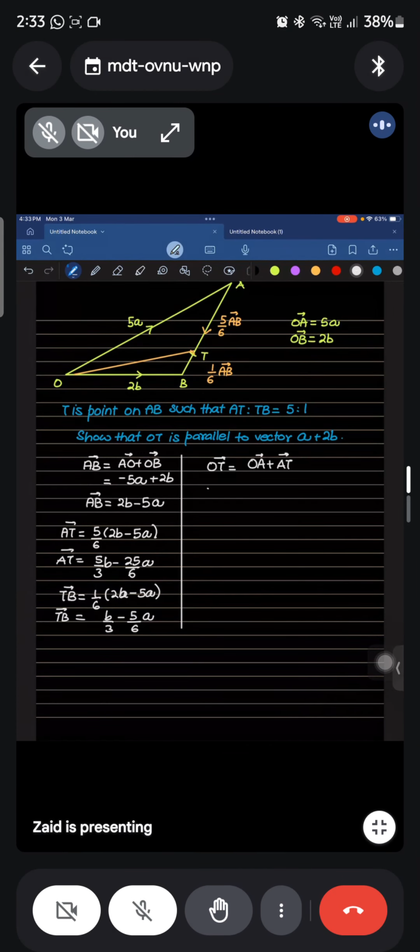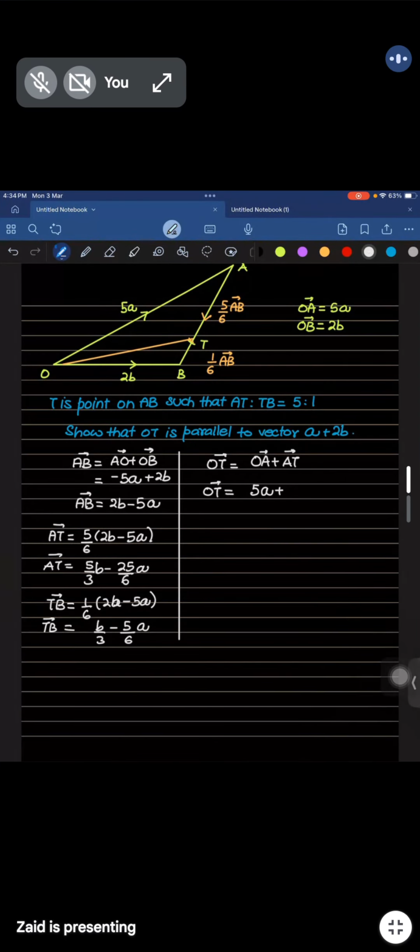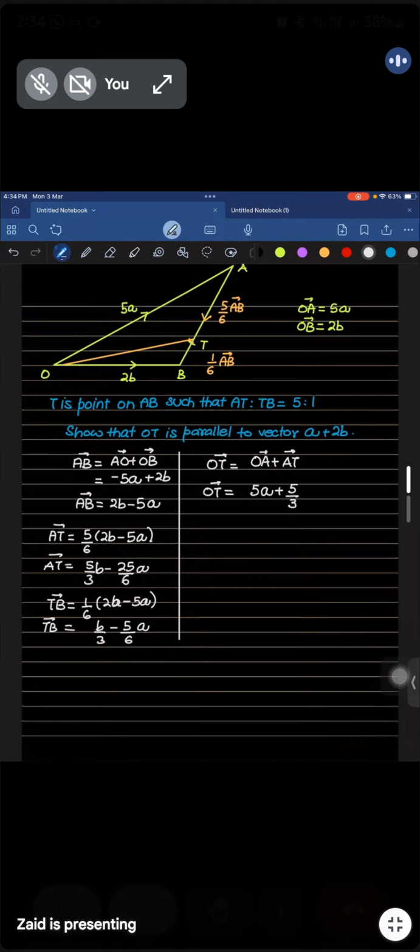So do I have the value of OA? Yes, I do. It's 5A. What is the value of AT? 5/3.